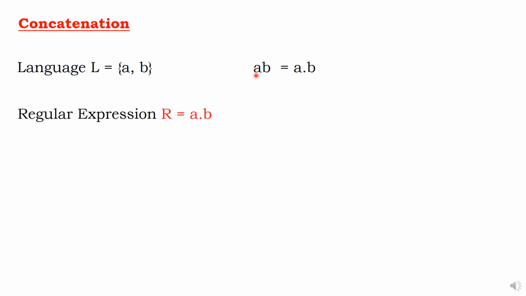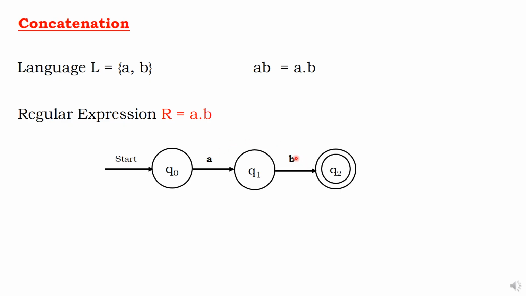How to do the diagram? I have an initial state A. Once A is completed, then only I will go to B. Remember, I said A after B, one after the other. So this is the state diagram for concatenation. Previously we discussed union, now it is concatenation.